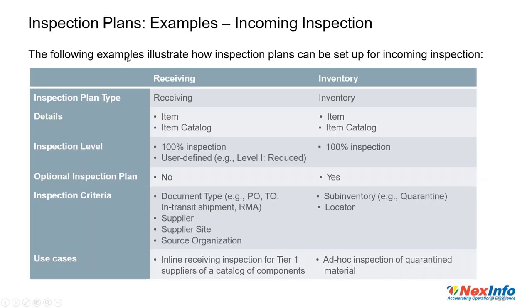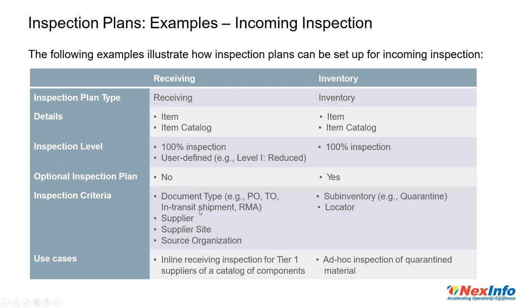So let's see examples of two inspection plans which are widely used for this customer. First is the receiving, and the second one is the inventory inspection plan. Let's talk about receiving. Of course, the inspection plan type is receiving, and the inspection is based on a few items as well as a few item catalogs. They have some inspection plans which require 100% inspection, and on some plans it's user defined, level 1 reduced, and they are not optional.